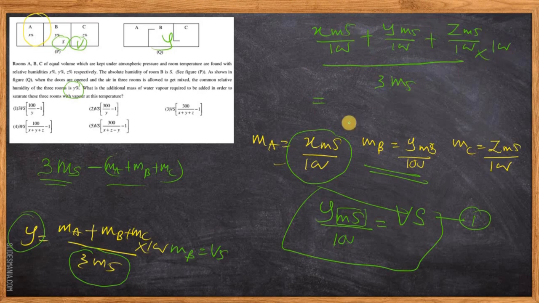I hope you can see all these things. So finally what we are getting: X plus Y plus Z over 3 equals Y.